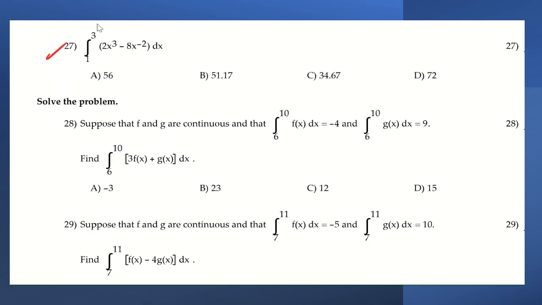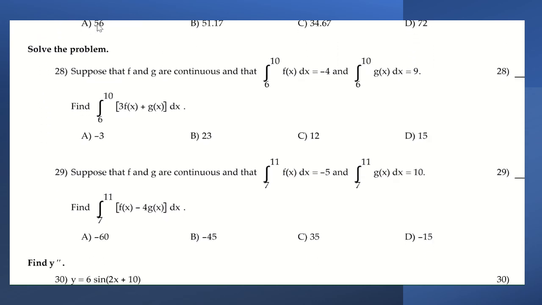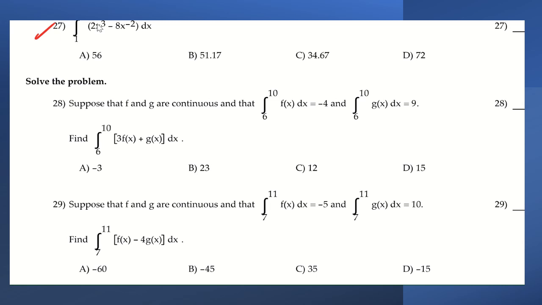Now, regarding questions 28 and 29. The integral of the function's value is given. Integral from 6 to 10 of a function, I don't know what the function is, is equal to -4. And integral from 6 to 10 of another function is equal to 9. This function is g, but this function is f of x. So what is the integral from 6 to 10 of 3 times the first function plus g of x?